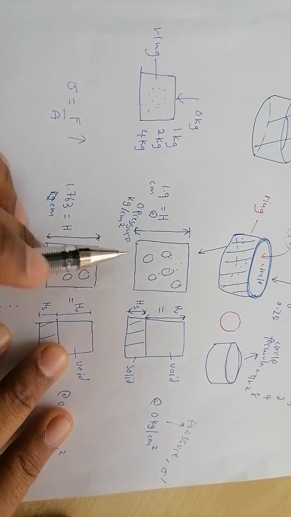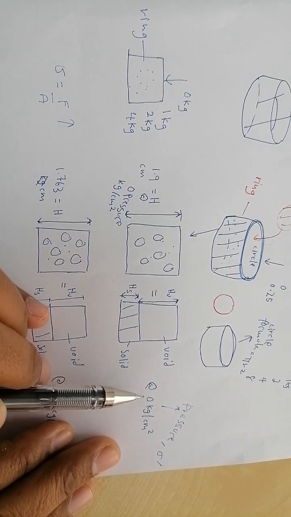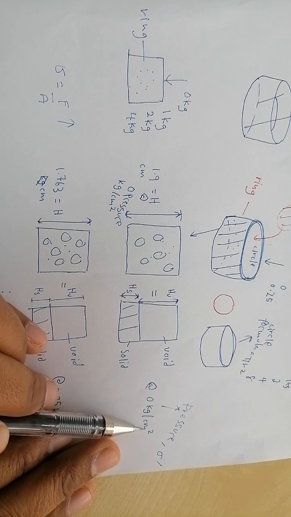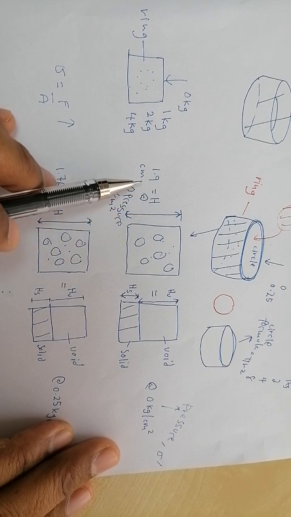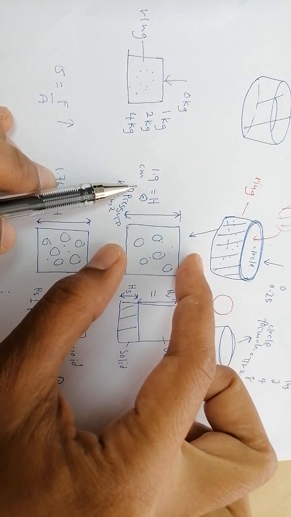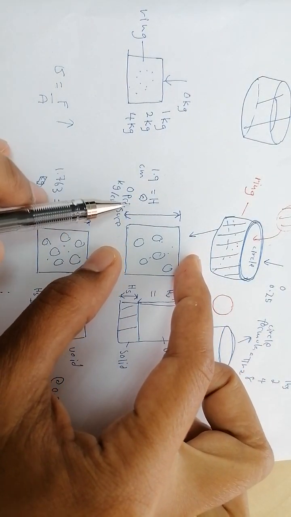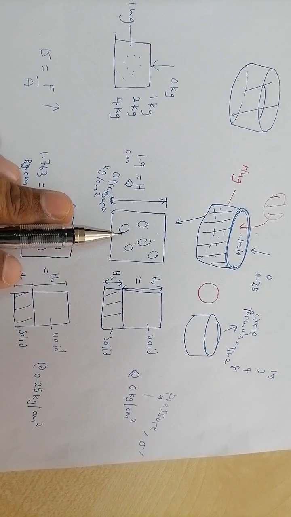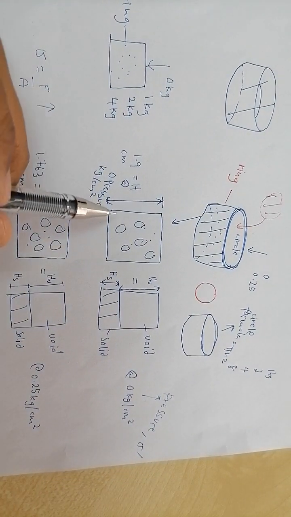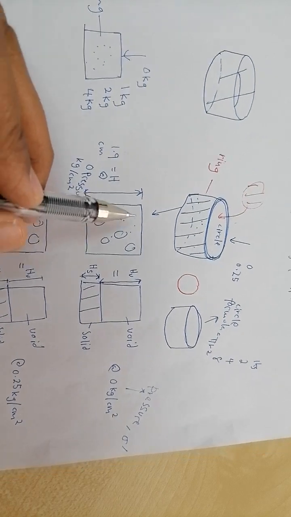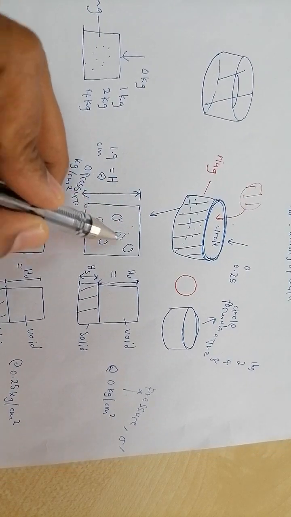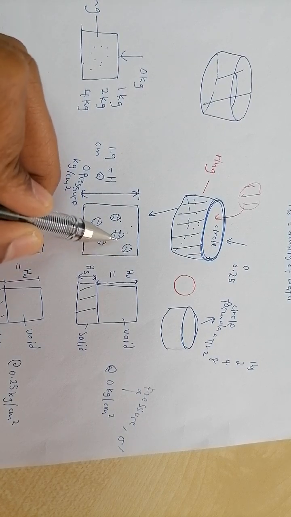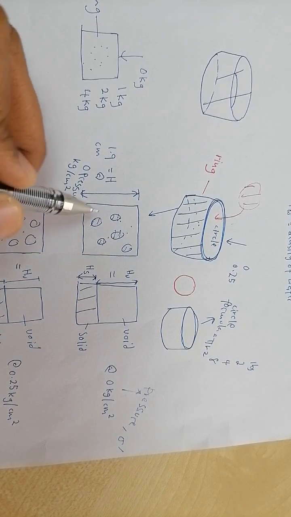Okay, so the data means at 0 kilogram per centimeter square pressure, the height of the specimen is 1.9 centimeter. And then I would like to clarify here as well that this sample actually, the circle ones, these are soil particles.